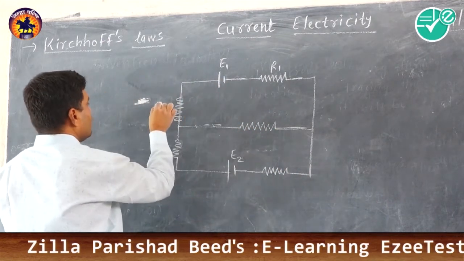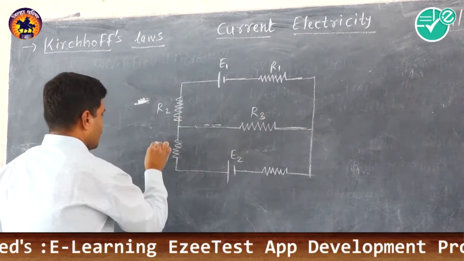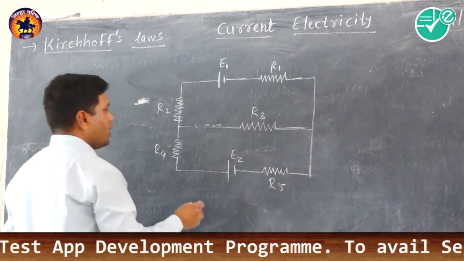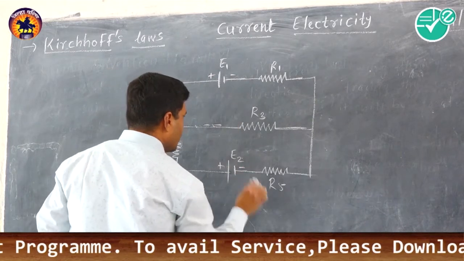This is resistor R1, this is resistor R2, R3, R4 and R5. And this is the positive terminal of a cell, negative, positive and negative.